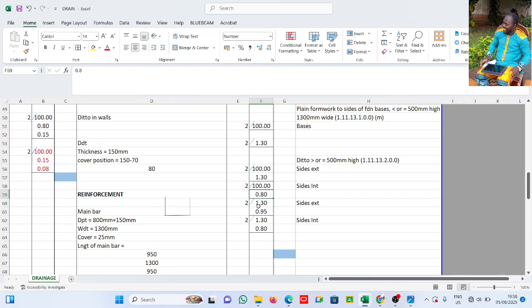Then these are the end sides: 1.3 by 0.95, remember, without the blinding, by 2, and the other end, the internal side, 1.3 by 0.8 by 2. So this is the formwork for the drain.